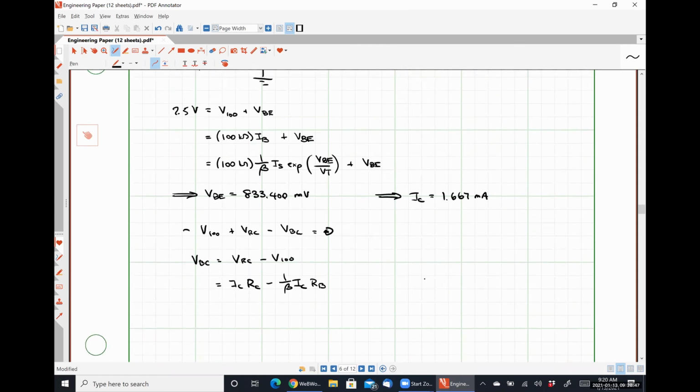We're trying to find RC, so this means that VBC plus 1 over beta IC RB divided by IC is equal to RC. And there we go. Put numbers in and you're good to go.